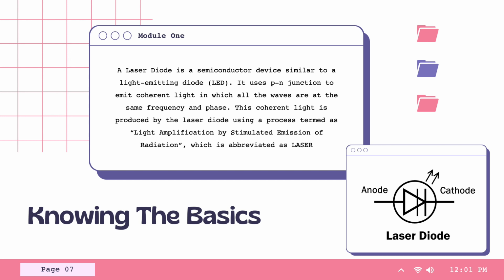This coherent light is produced by the laser diode using a process termed light amplification by stimulated emission of radiation, which is abbreviated as laser. And since a PN junction is used to produce laser light, this device is named a laser diode. Before we learn more about the working process of a laser diode, here is the symbol for the laser diode.